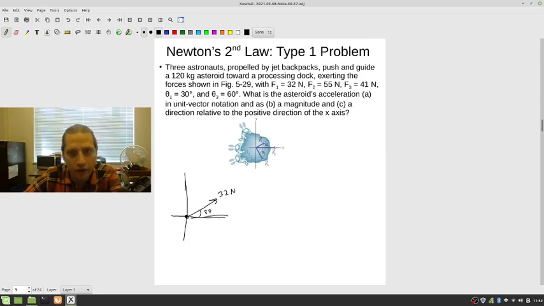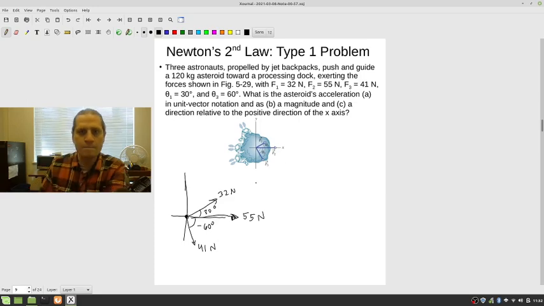You have a 55 Newton force right along the x-axis, and you have a 41 newton force that I would write as a minus 60 degrees because it's below the axis. So I could write this as 30 degrees, 0 degrees, minus 60 degrees.